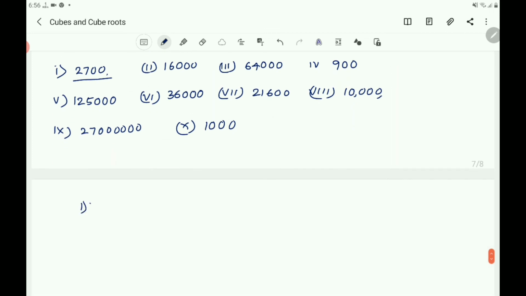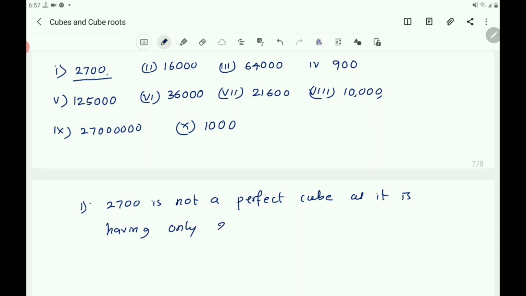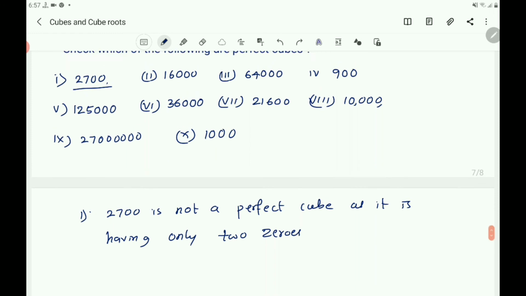First one, you write 2,700 is not a perfect cube, as it is having only two zeros. 27 is a cube, but it must have three zeros. If it is having three zeros, then it is a perfect cube. So it is not a perfect cube.